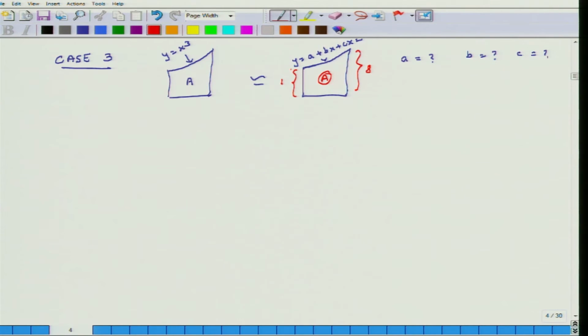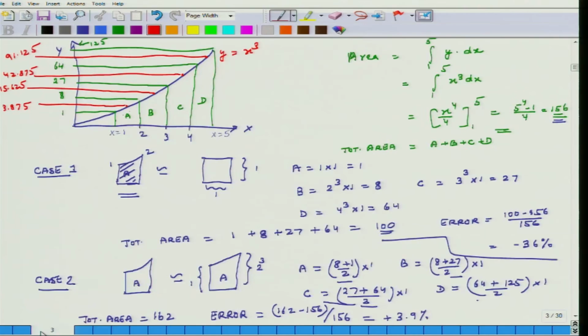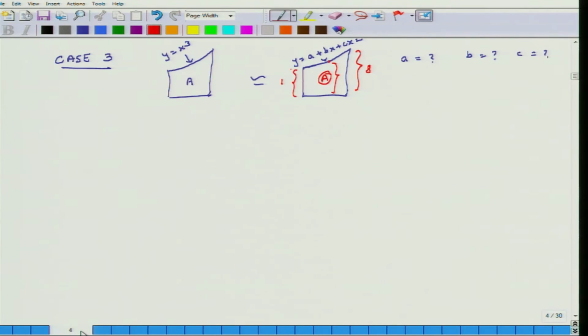But to find a, b and c, we need a third condition, right. So we should also know the height at one more point, and in this case we selected the midpoint, and this height we said that it is 3.875.